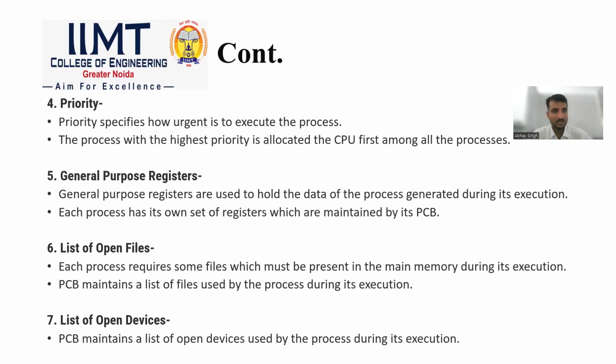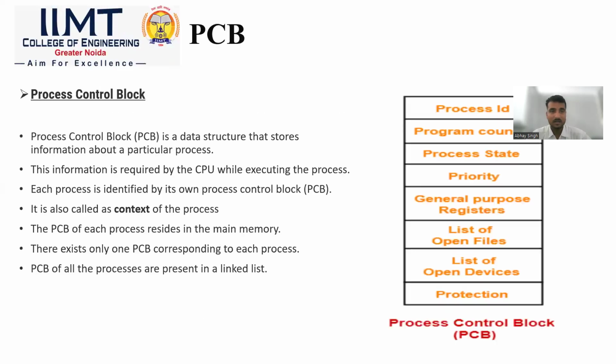These are the attributes of the process control block. Let us revise once. The process control block is a data structure which specifies some attributes, and every attribute has its own role. The process control block is created when a process is ready for execution or comes from the secondary memory to the main memory.